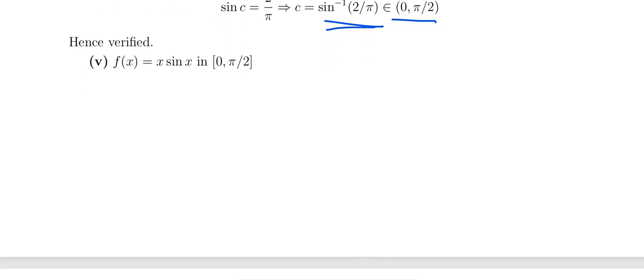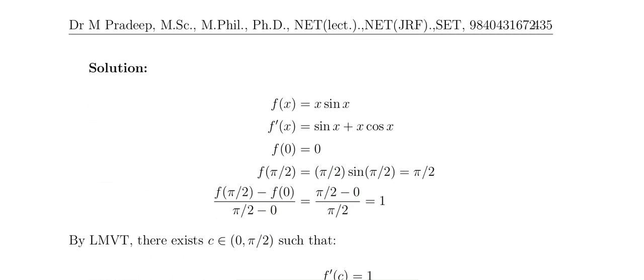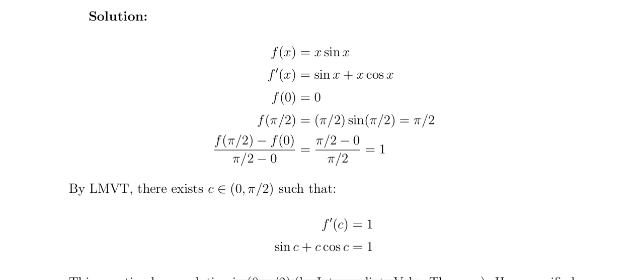In the same way, x sin x. If you differentiate this, you have to apply the uv formula, the product rule. Applying the product rule, we get x into cos x plus 1 into sin x. Okay? So we can find f of 0 and f of π/2, and this is equal to f dash of c. f dash of c is sin c plus c cos c.